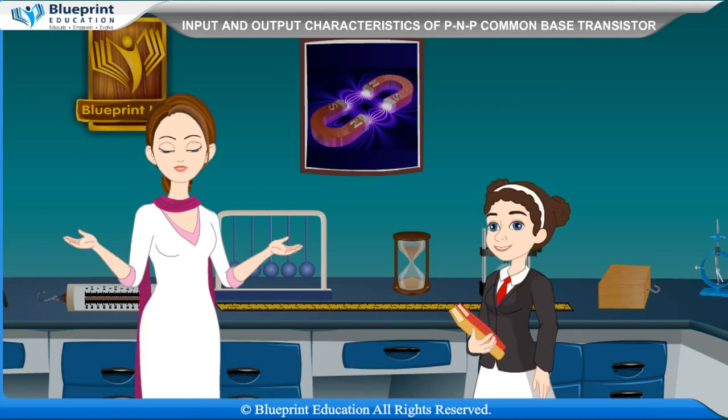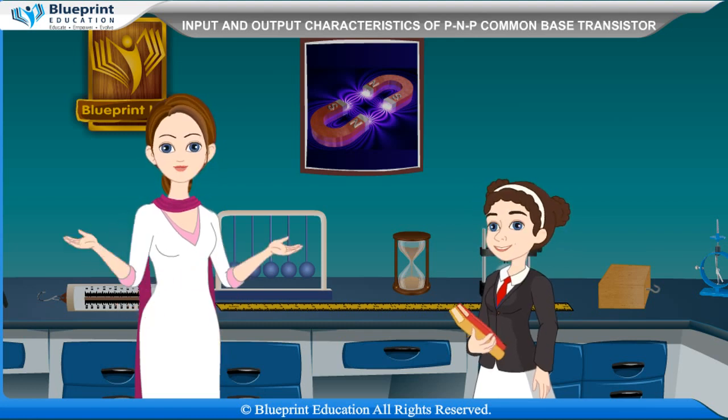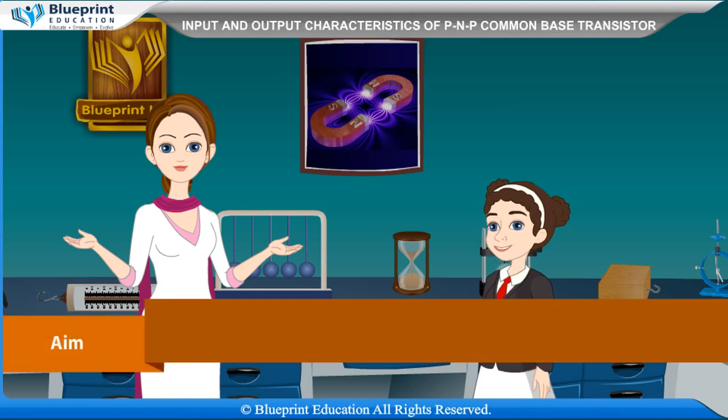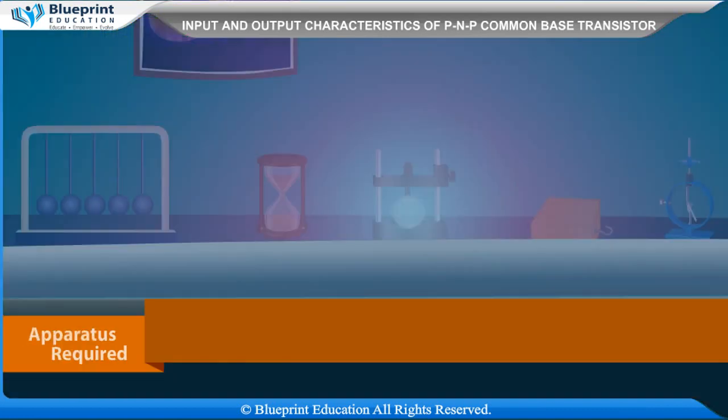Let's do an experiment to set up a common base transistor circuit and to study its input and output characteristics and to calculate its current gain. Our aim here is to set up a common base transistor circuit and to study its input and output characteristics and to calculate its current gain.